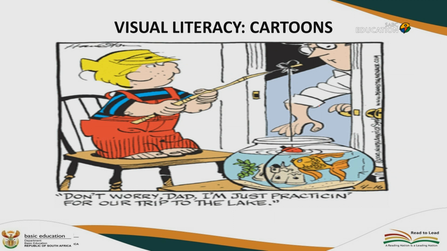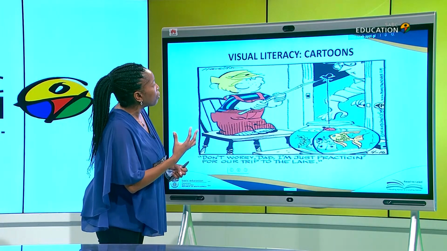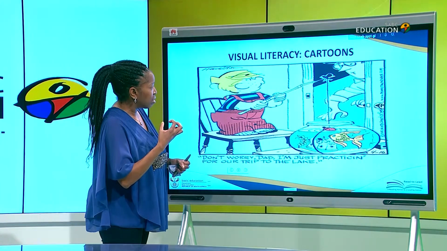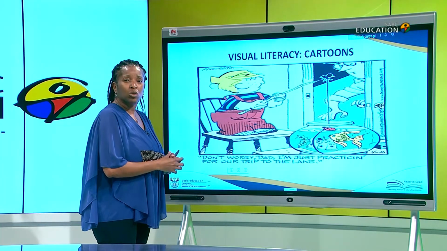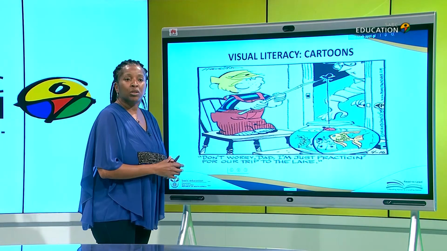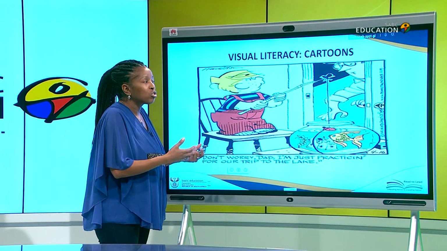The next one, you visualize. You use these images to visualize everything that is happening about the characters. You visualize the events, and you put this in your head, and you understand better what the cartoon will be about. The next strategy is to question yourself.